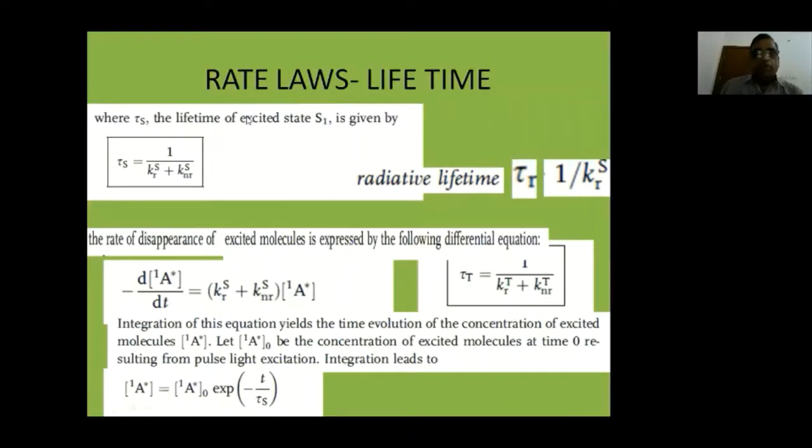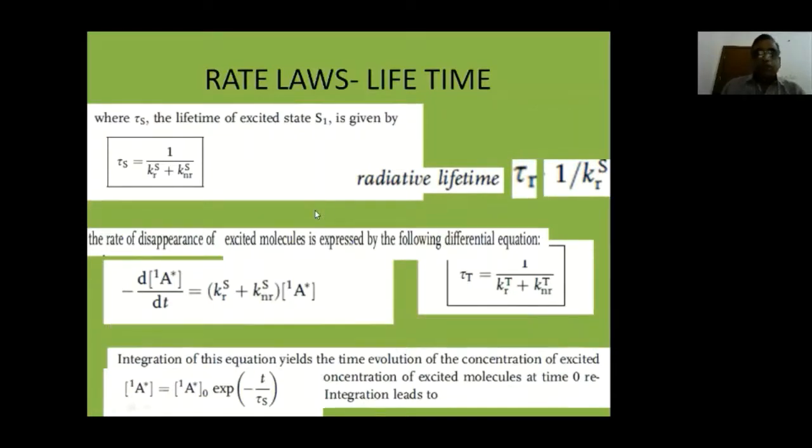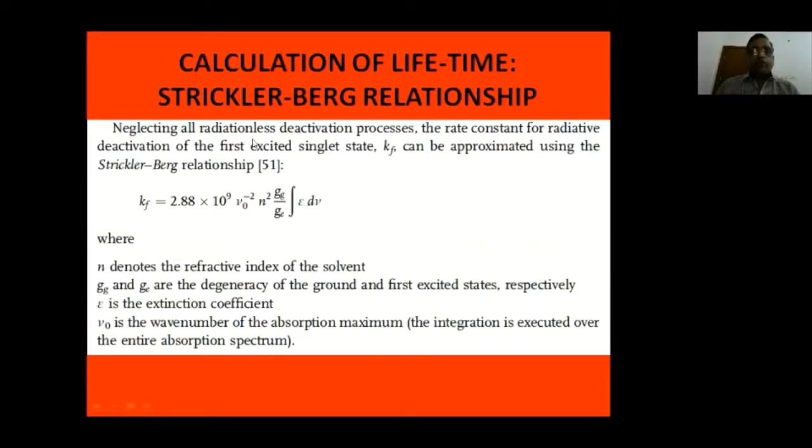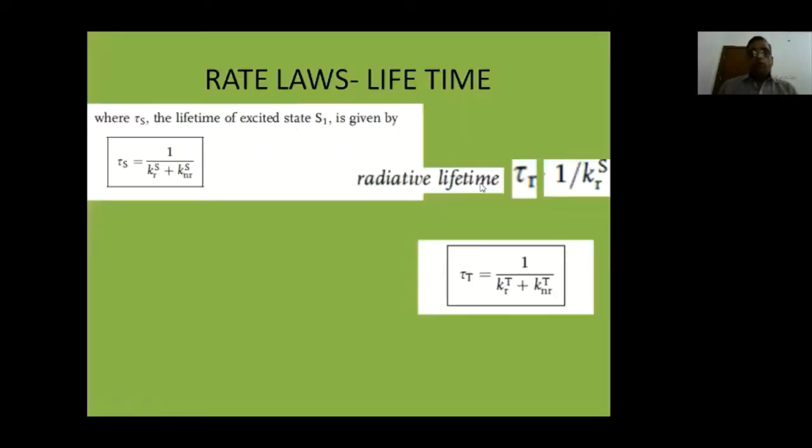I will bring out all the other things. Now you can look at the 3 lifetimes: singlet lifetime, triplet lifetime, and radiative lifetime. This is how you look at the rate law expressions, which can give you information about the lifetime of the singlet state, the lifetime of the triplet state, and the radiative lifetime.